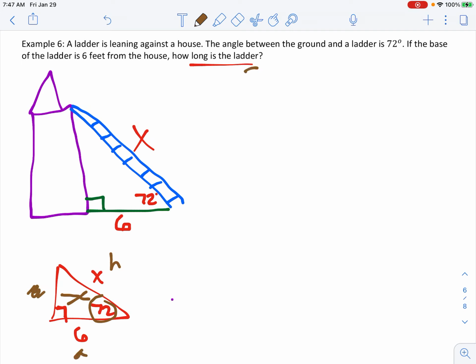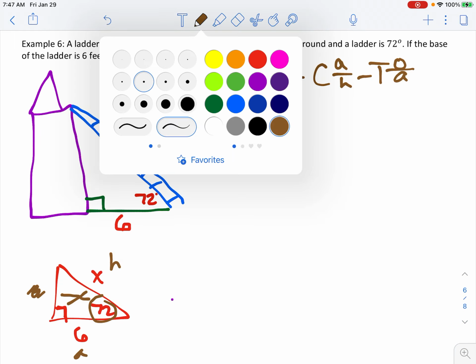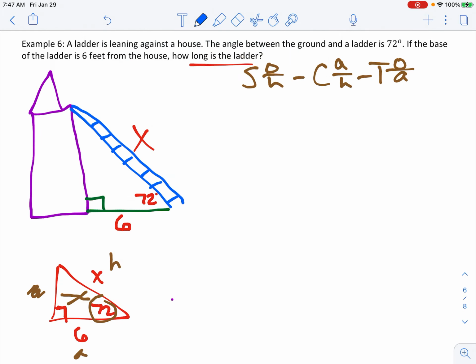There's nothing on the O side. So I'm going to look at my SOH CAH TOA and decide which one I need to use, sine, cos, or tan. Well, I'm left with A and H, so A and H would be cos, so I'm going to say cos 72 equals adjacent over hypotenuse.